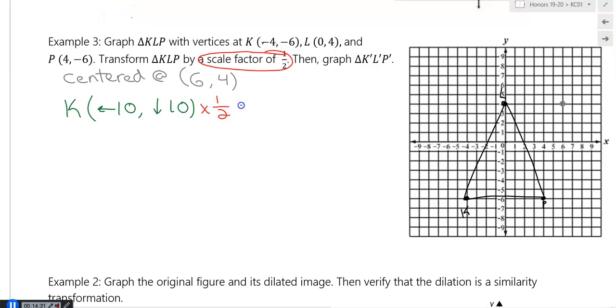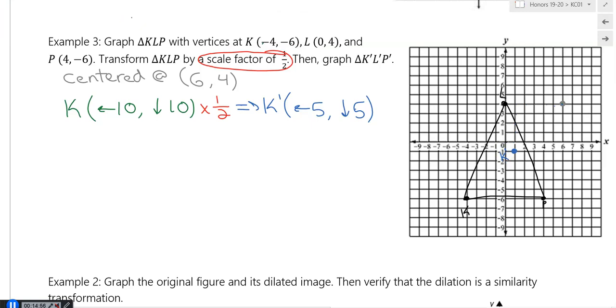So for my new K, we're going to go left 5 and down 5. So 1, 2, 3, 4, 5. 1, 2, 3, 4. There's my new K prime.